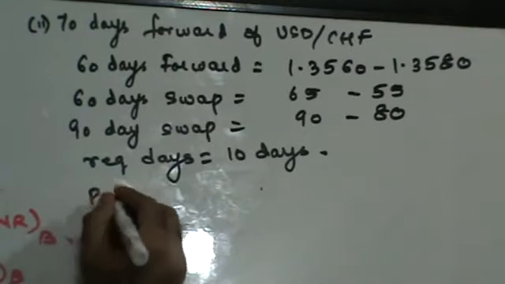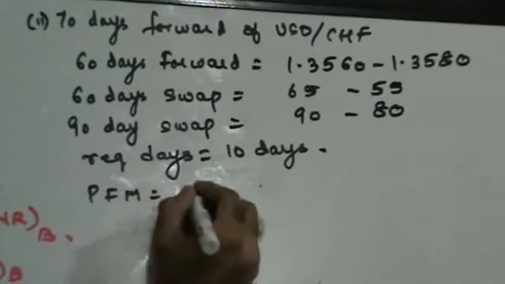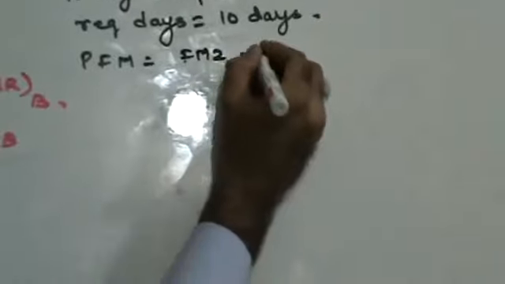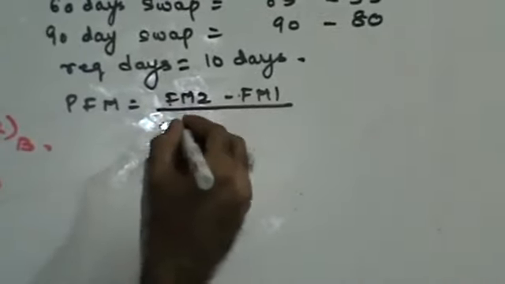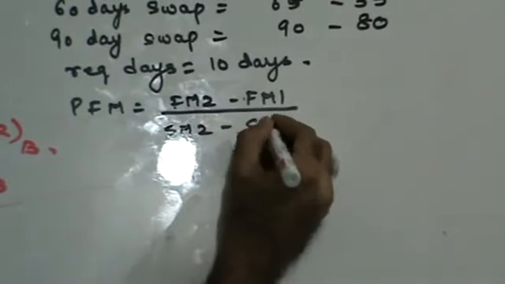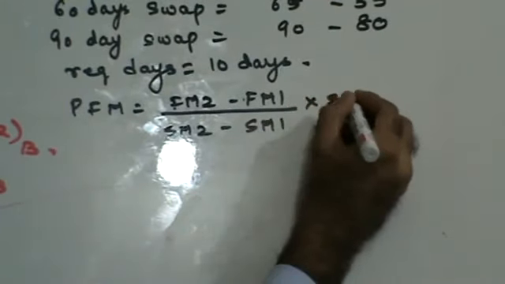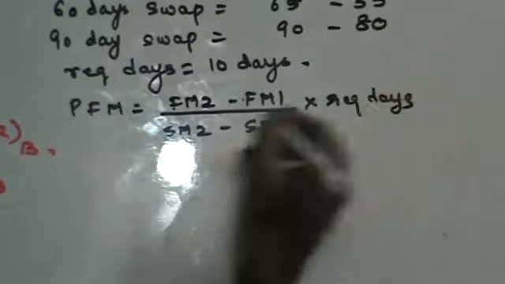So my proportional forward margin is forward margin of second period minus forward margin of first period, divided by standard maturity of second period minus standard maturity of first period, into required days.